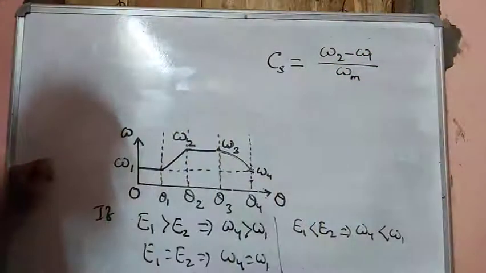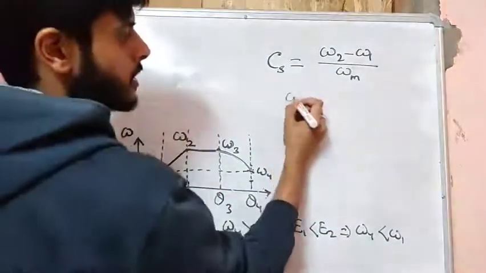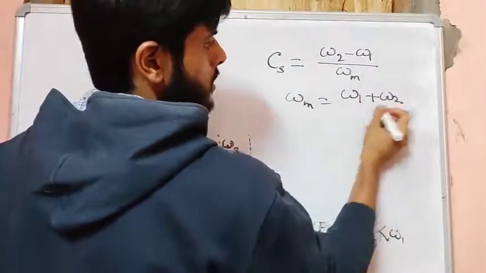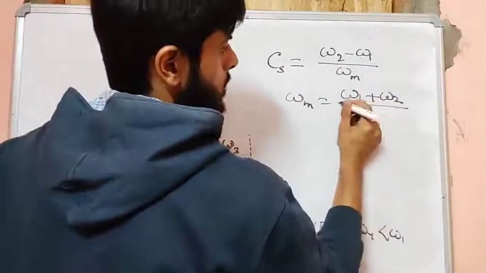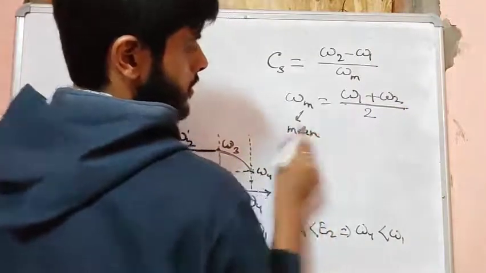This is the omega average, the average omega of the system. This average omega is given as omega 1 plus omega 2 divided by 2. This implies mean or average.